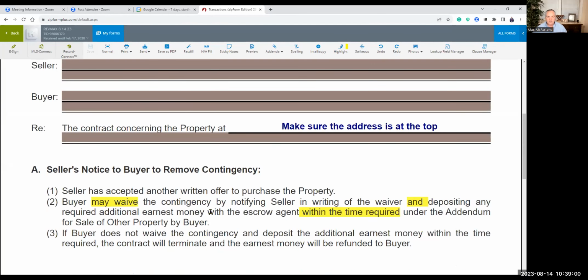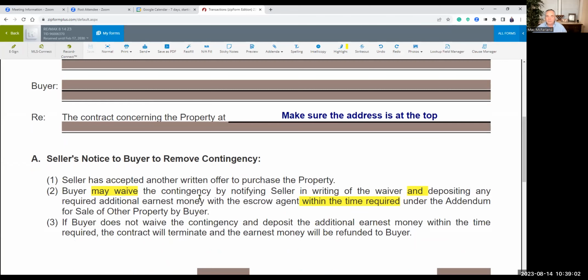On this one, the buyer may waive the contingency and deposit the extra earnest money. And once again, the first one goes with the offer. We're in contract selling the other property, we're in contract buying this one. And this one is there for the seller if they get something else and they want out of it, or they want to give the buyer the option to move forward.